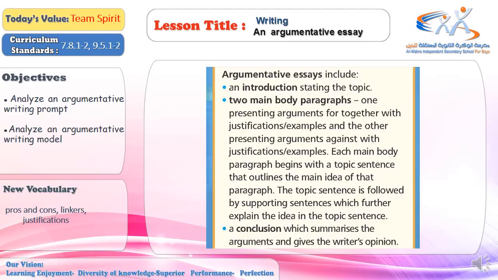Each main body paragraph begins with a topic sentence that outlines the main idea of the paragraph. The topic sentence is followed by supporting sentences which further explain the idea in the topic sentence. A conclusion which summarizes the argument and gives the writer's opinion.